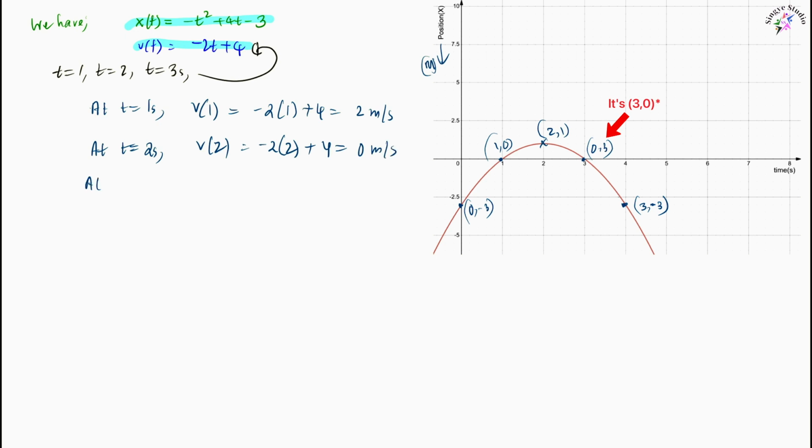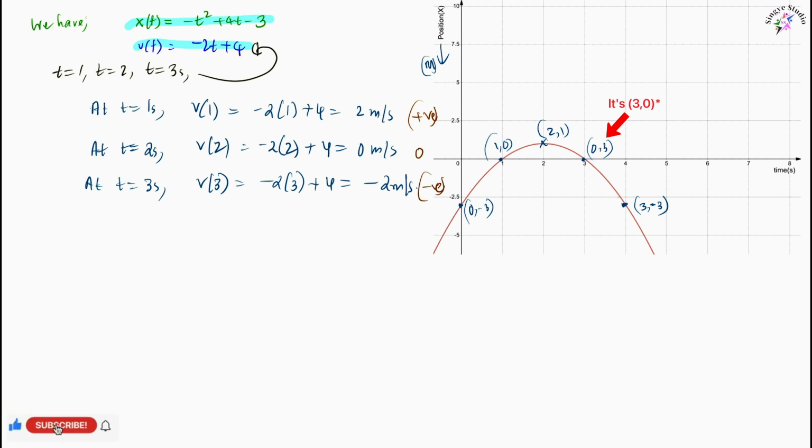And at t equals 3 seconds, v3 is equal to negative 3 plus 4, which equals negative 2 meters per second. So from the answers, we know that at t equals 1 it is positive, here it is 0 and here it is negative.